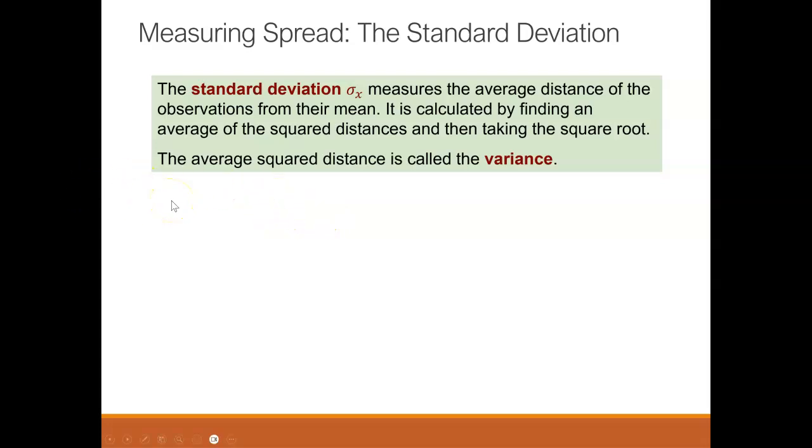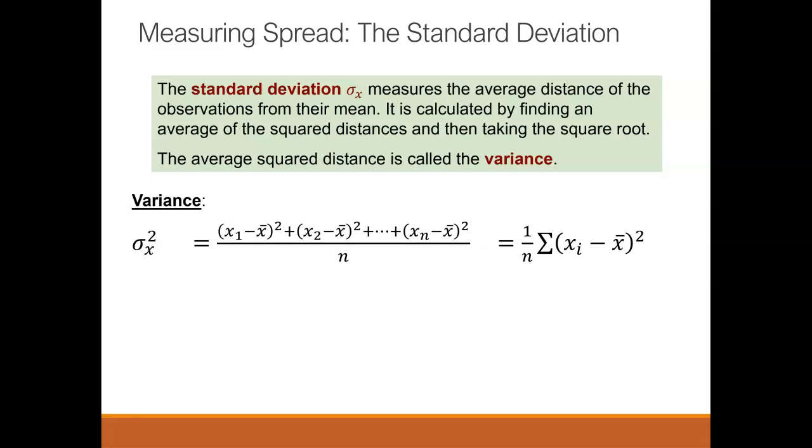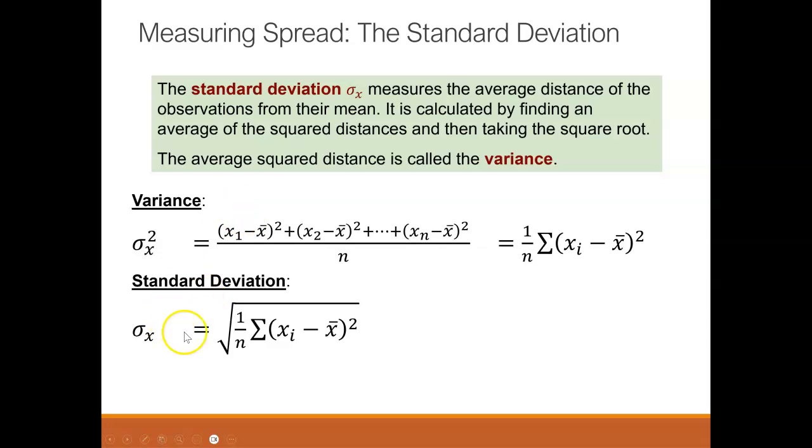In IB land, we're always going to be using population standard deviation, which is what's listed. The difference between population and sample is that instead of n, you'd have n-1 for sample. But it's important that we're using the correct formula. I'll show you on the calculator how to do this though, because in practice, we're not doing this by hand, right?